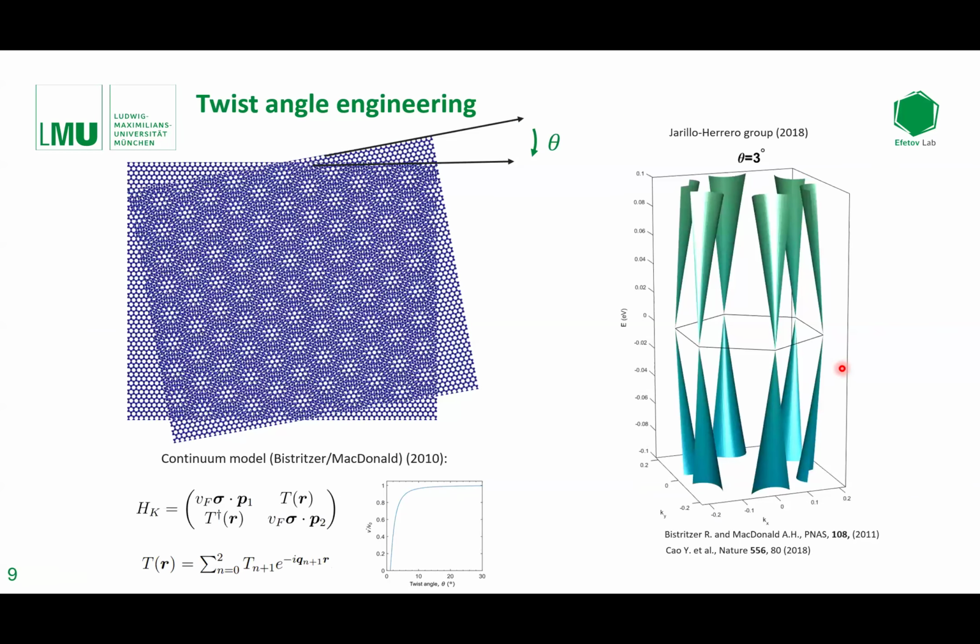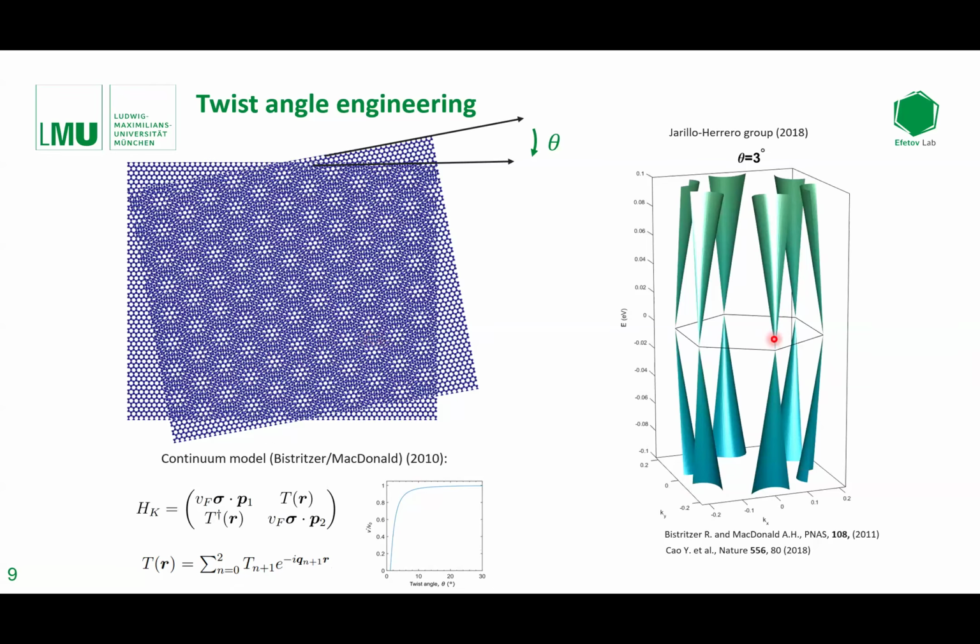Okay, and this problem was originally explored theoretically by Allan MacDonald and Rafi Bistritzer in 2010. They constructed the Bistritzer-MacDonald model, which allowed for hopping terms between the top and bottom layer, which oscillate with the periodicity of the Moiré superpotential.